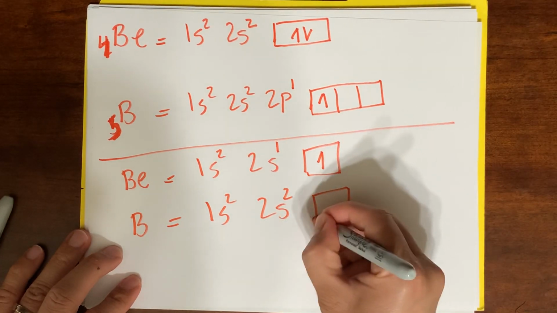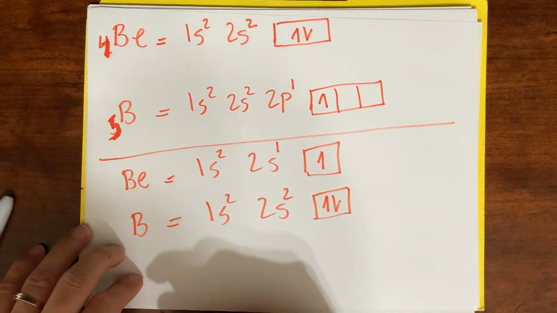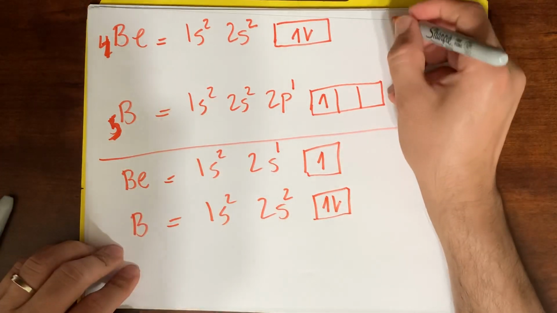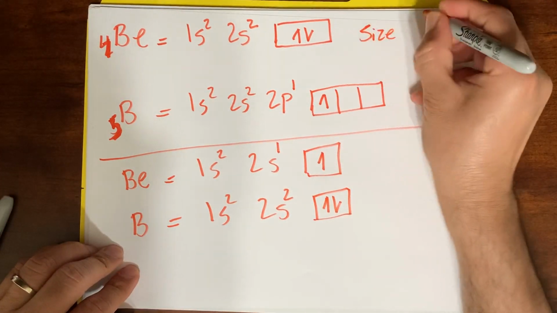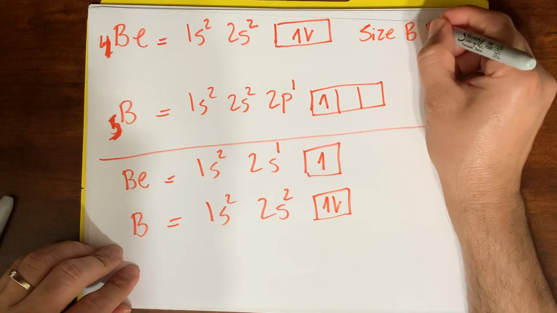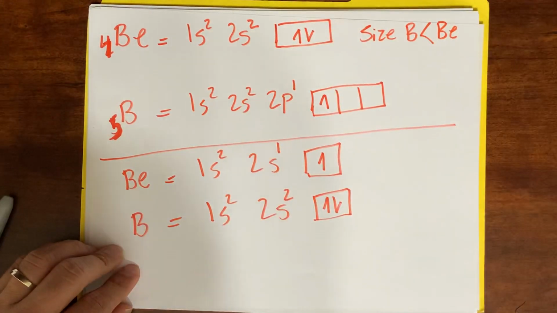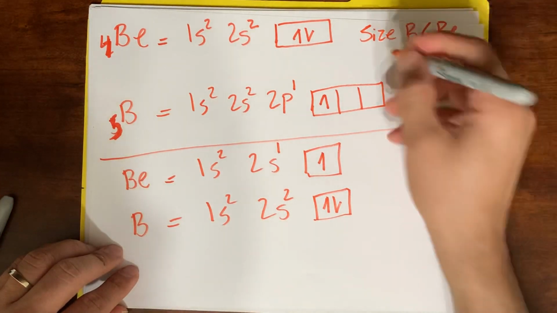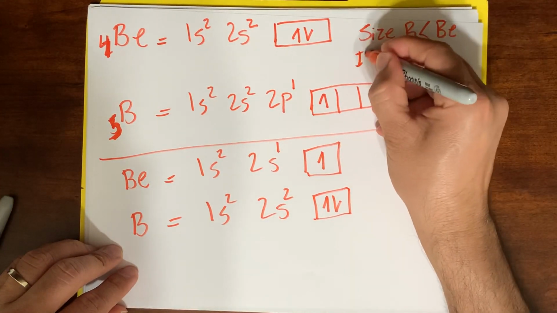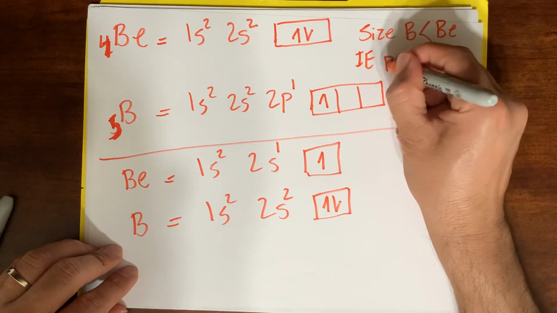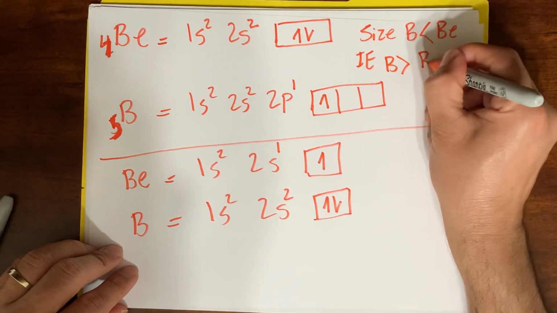Last orbital is fully occupied. Size of boron is smaller than beryllium. To the right side of periodic table, size getting smaller. Expected trend for ionization energy is that boron will have higher ionization energy than beryllium.